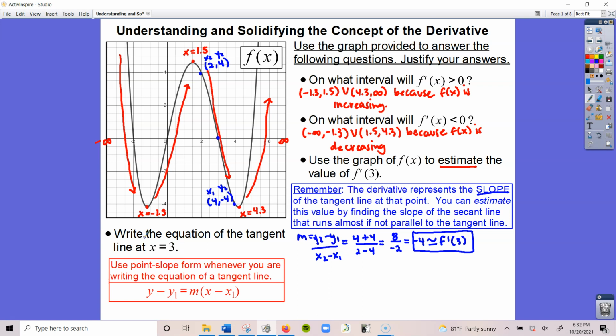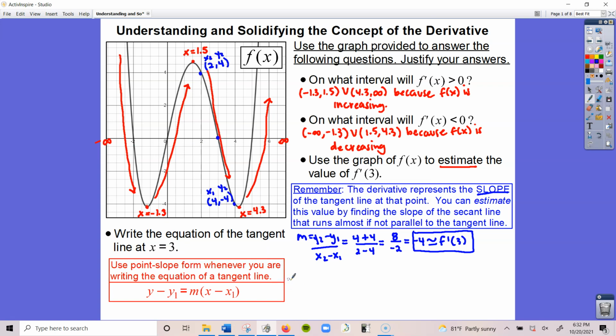For this last question here, it says to write the equation of the tangent line at x is equal to 3. I have my slope now, because that's what I just found. The next thing that I need is my point of tangency. So at x is equal to 3, I can use my function to locate that y value, which is 0.